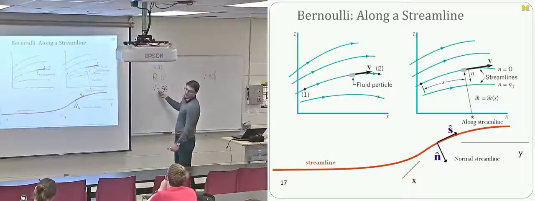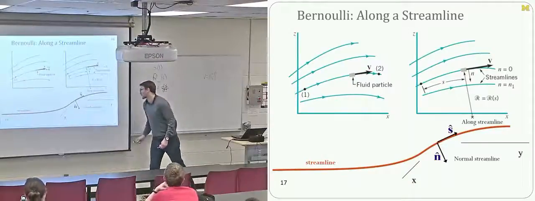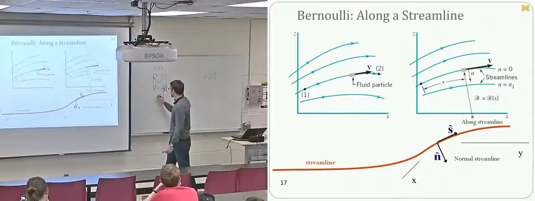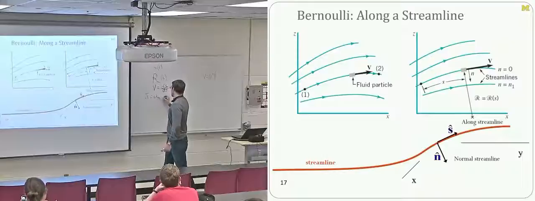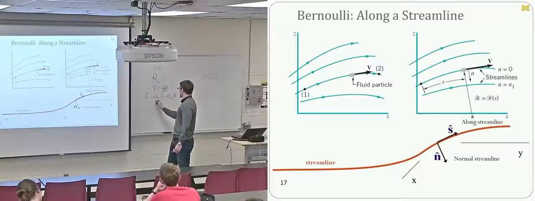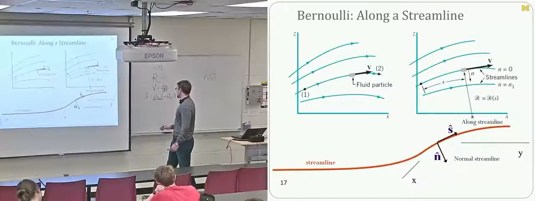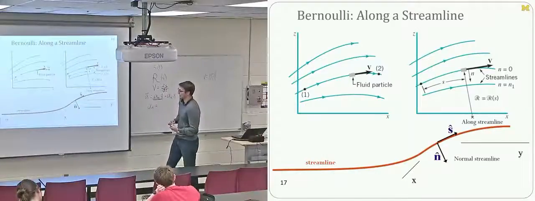Velocity is always in the s direction. That's been established. There's no component of the velocity normal to the streamline, otherwise it wouldn't be a streamline. So acceleration is equal to a_s times s hat plus a_n times n hat, and we want to look at the a_s term.